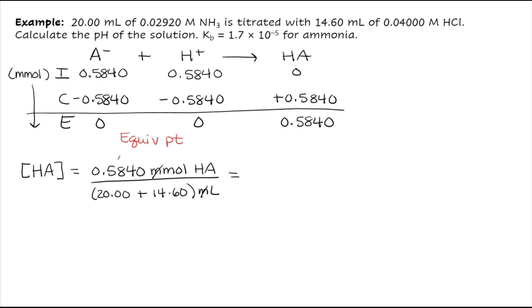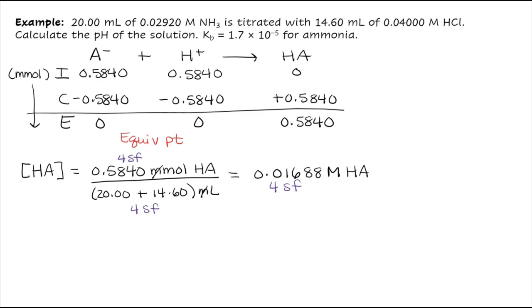Looking at our sig figs, we have 4 sig figs in the numerator. We have 4 sig figs in the denominator, so our molarity will also be rounded to 4 sig figs. Doing the calculation, 0.5840 divided by 34.60, rounded to 4 sig figs gives us 0.01688 molar HA.